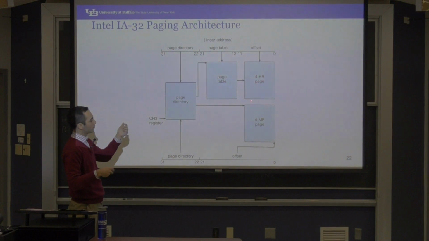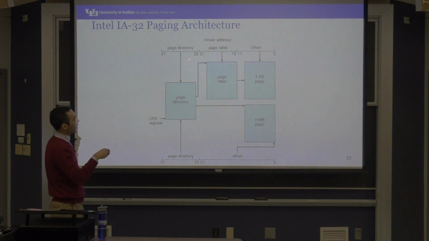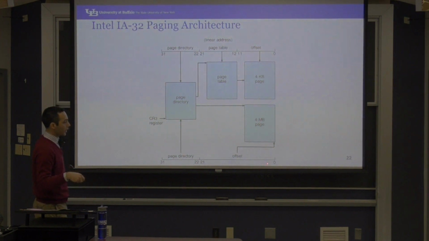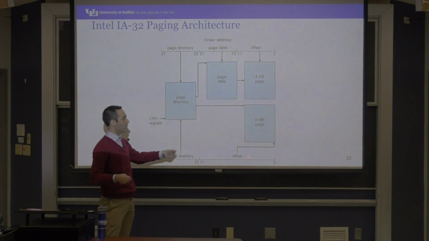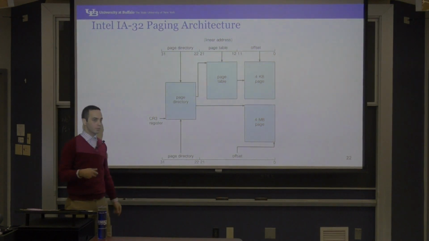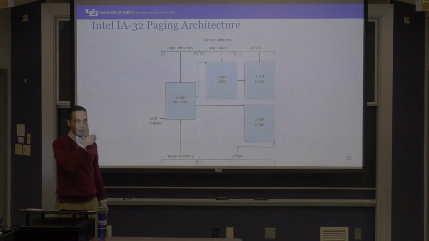We add the offset, and then basically access it from memory. Now, if it's 4 megabyte pages, we have 22 bits for the offset, and we have only one page directory. Within the page directory, we don't have a pointer to a page table. We have the actual entry of the frame itself. With one access, we just read that. We add the offset. We get the memory. Okay?